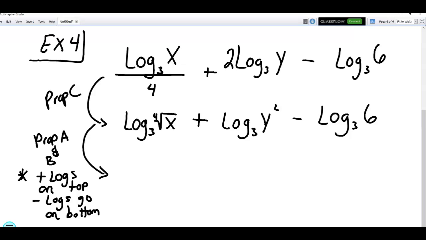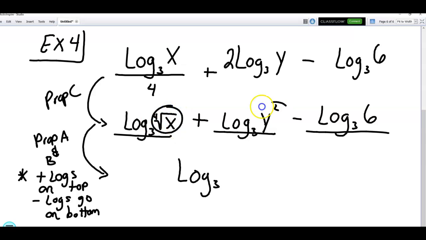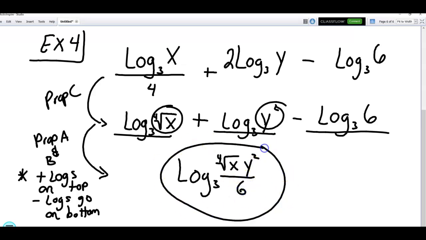So notice that this one and this one are positives, and this one has a negative in front of it. So the negative, because of property B, that's the one that goes on the bottom. The other ones just get multiplied together, and they're going to go on the top. So it's going to look like this. Log base 3. This one and this one go on the top. The 6 goes on the bottom. And then we're all done.